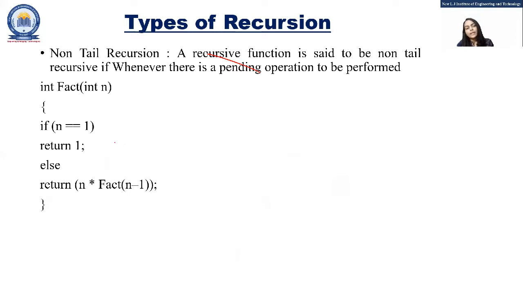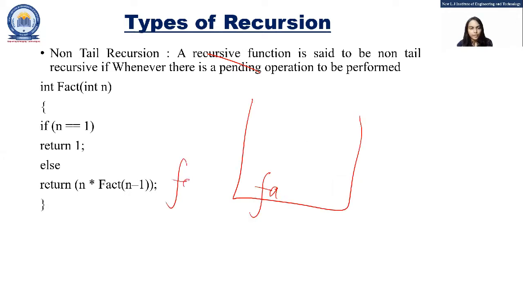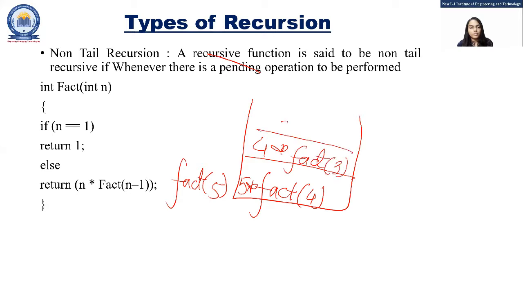Why? Because if we call factorial of 5, what is that? 5 into factorial of 4. Then 4 into factorial of 3, 3 into factorial of 2, similarly 2 into factorial of 1.